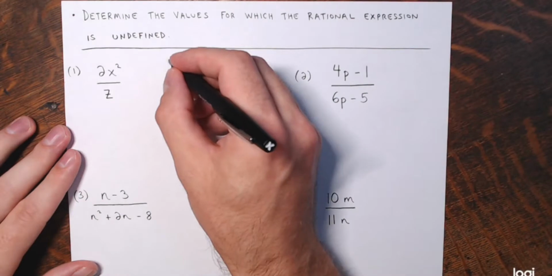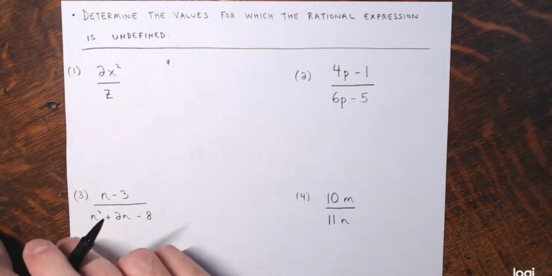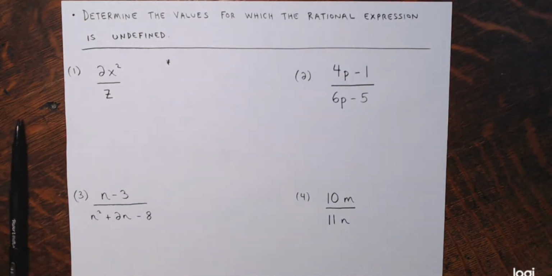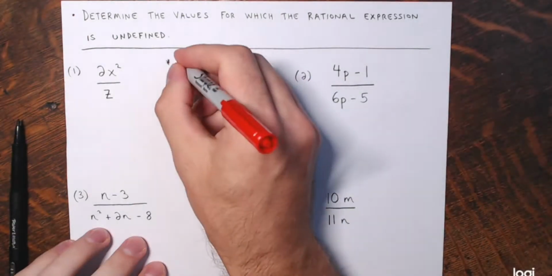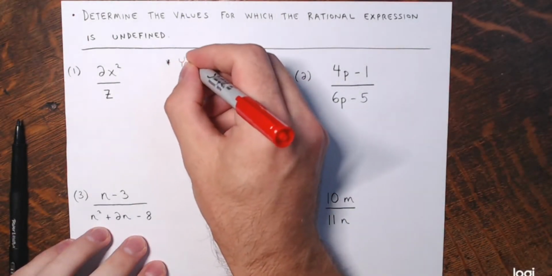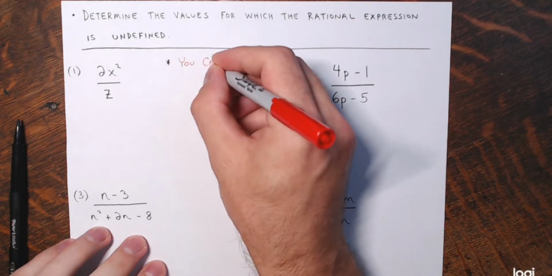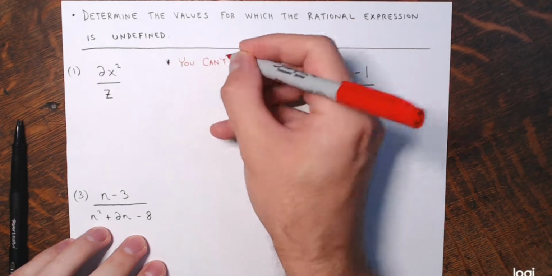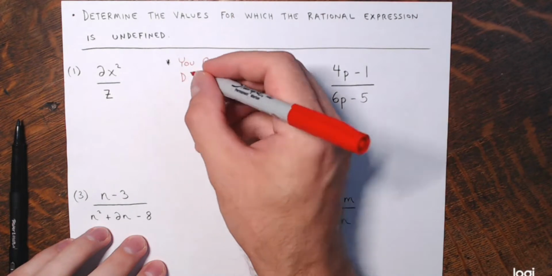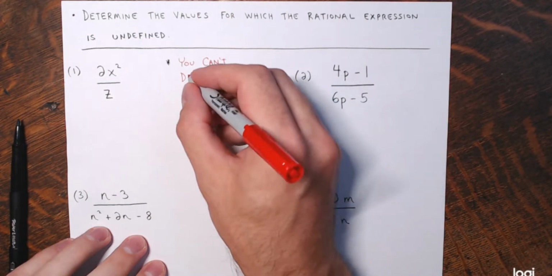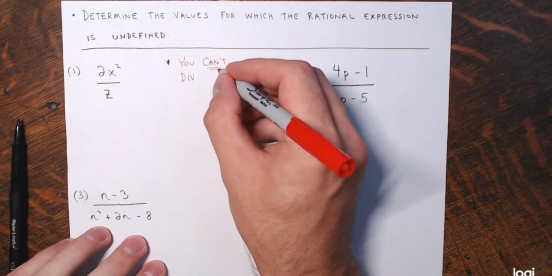So the key thing we have to remember here is that you can't divide by 0. Dividing by 0 is an undefined operation.